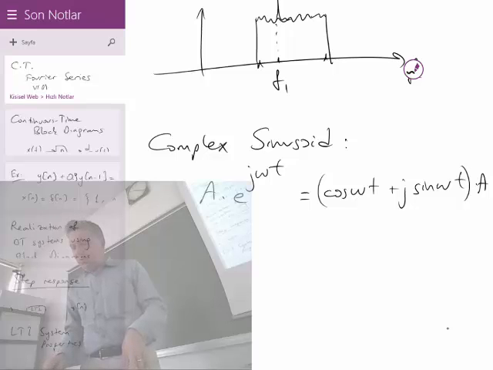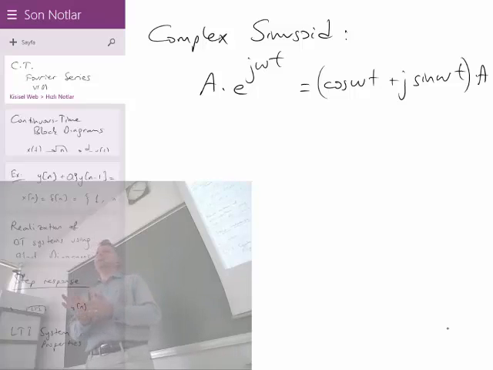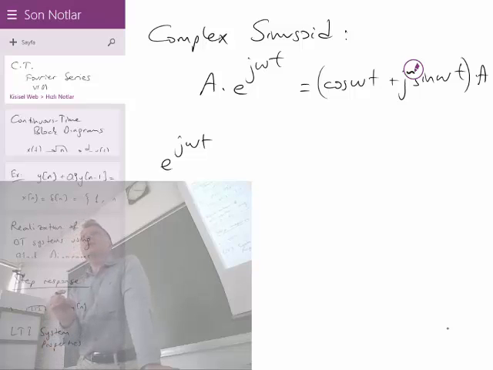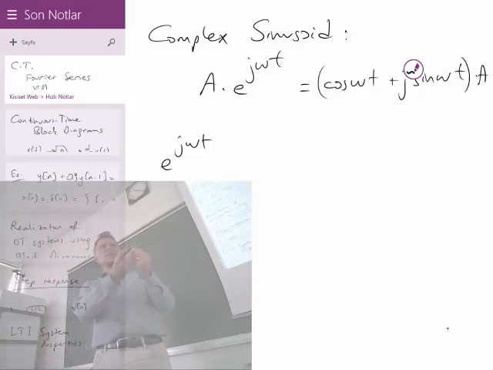Why do we use complex sinusoid for linear and time invariant systems, and how will it help us, is the second question now. That's a magical thing. If you have e to the j omega t, regardless of the omega, whatever this omega may be, it's just a free frequency. But for a fixed frequency, this is a complex sinusoid.